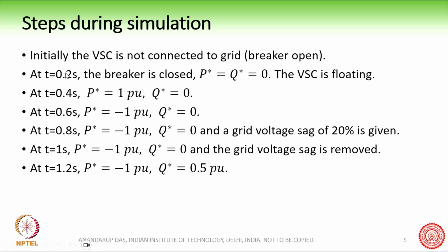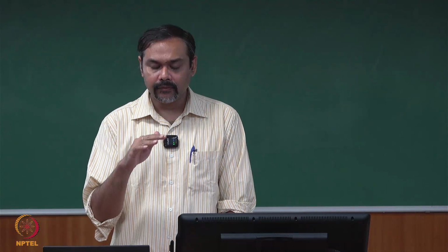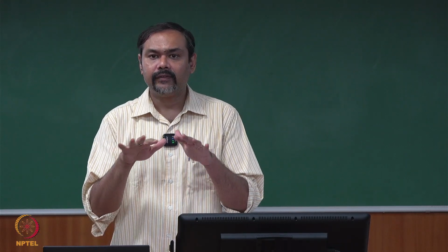At t equal to 0.2 second, the breaker is closed with P star equal to Q star equal to 0, which means we are closing the breaker and giving P star and Q star equal to 0, so the VSC is not exchanging any active or reactive power with the grid.